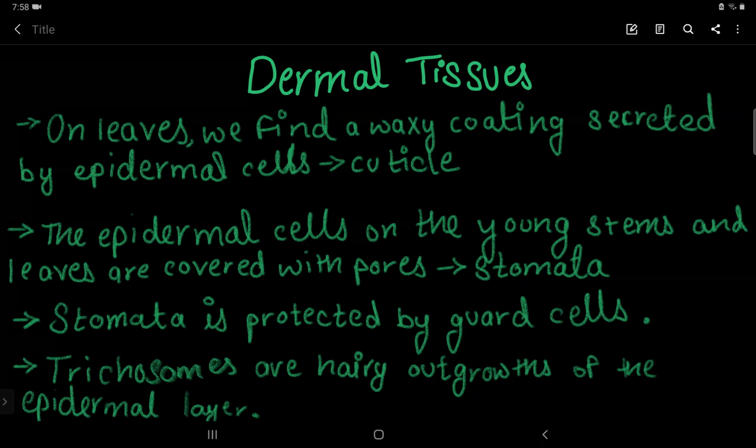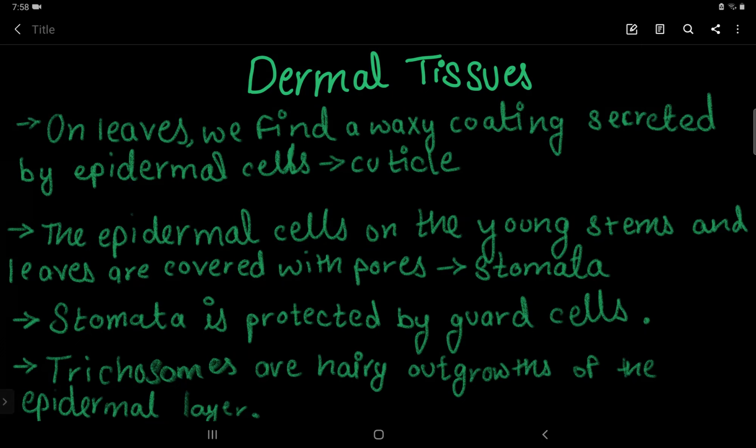The epidermis is a very thin layer. It consists of only one layer of cells. It is mainly composed of flattened epidermal cells, and some cells are specialized for specific functions. It forms a boundary between the plant and the external environment.